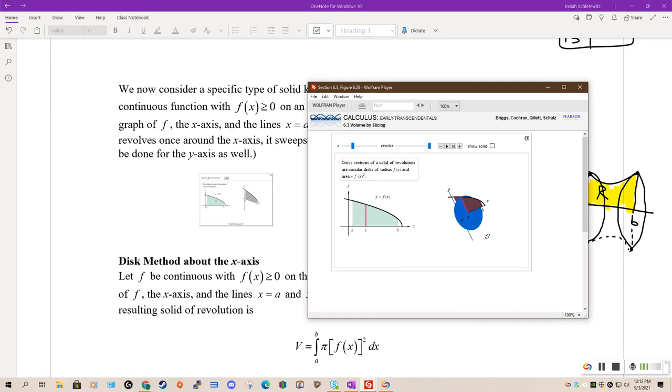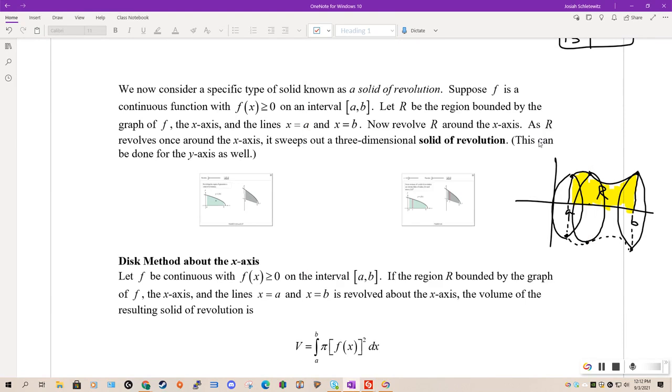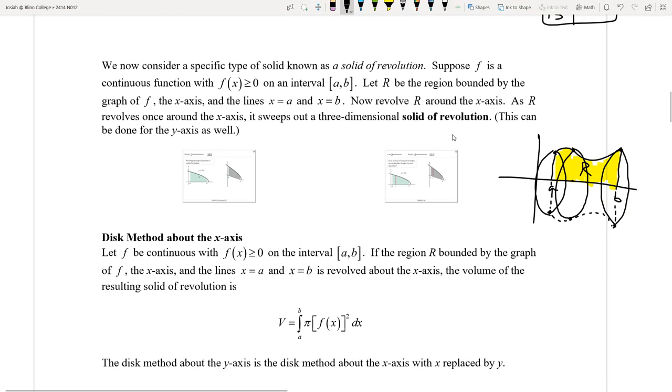And any x that we choose in a solid of revolution will give us a circular cross section, right? And that's how we get the solid that we end up with. And so we will call these disks, and we will find the volume here using the disk method.